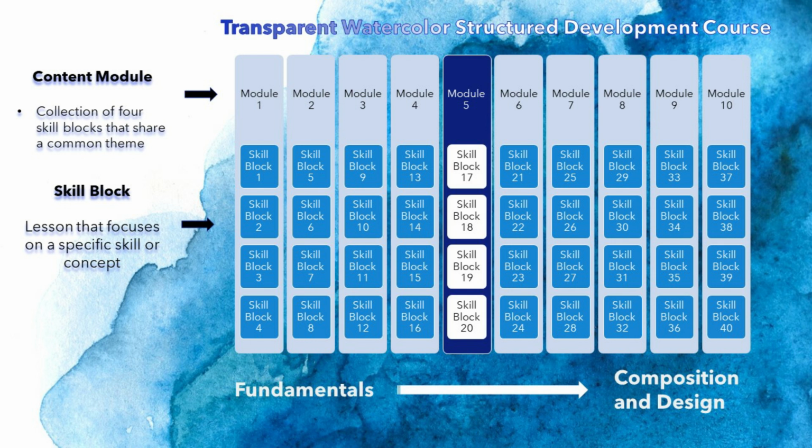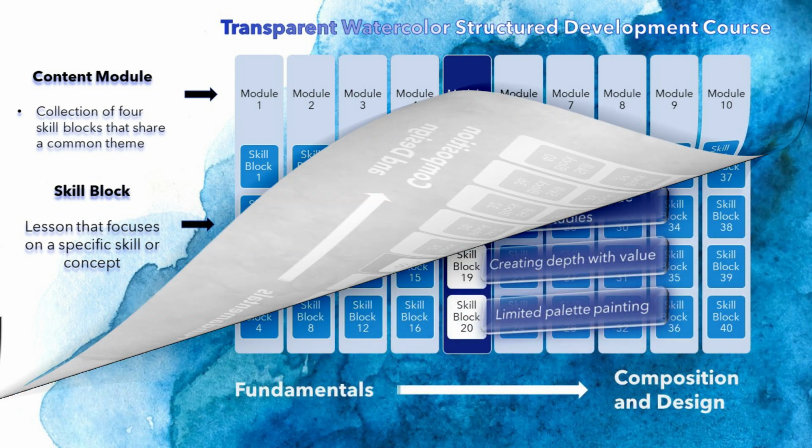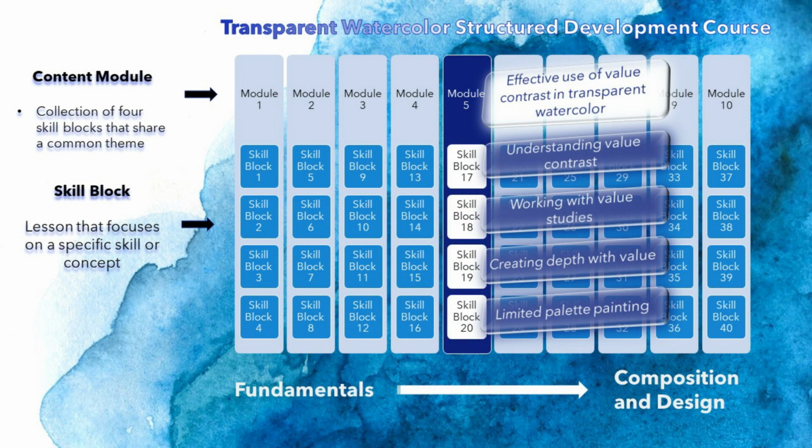I've chosen Module 5 to be my first release. And if you've watched my YouTube videos or taken my courses, you'll know there's a design element that I talk about constantly, and I feel it's essential for watercolorists no matter what level they're at. That element is value.